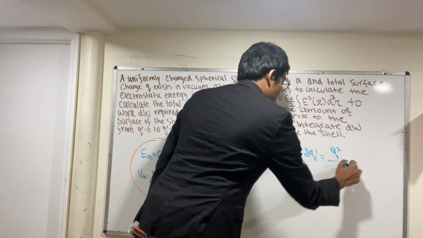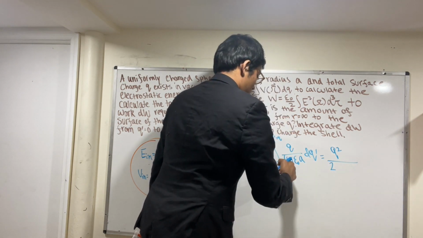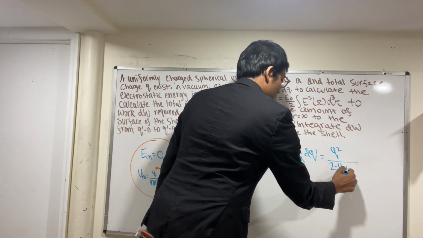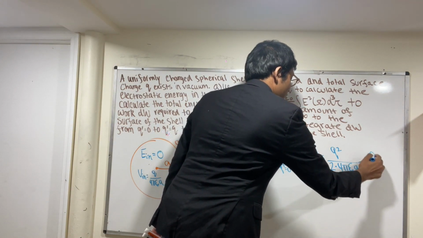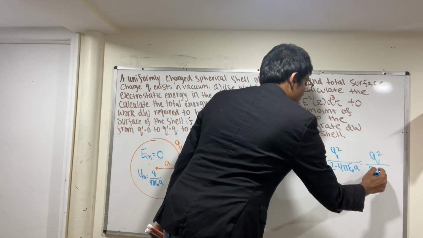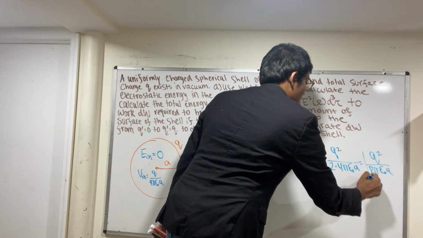We'll get Q squared over 2 times 4 pi epsilon naught times A, which gives us, once again, the same work, Q squared over 8 pi epsilon naught A.